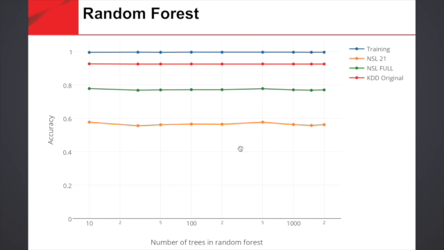So the first level of my classifier is to classify normal and attacks. First, I chose to use random forest to do this binary classification, and since we have several datasets, let me explain it one by one.